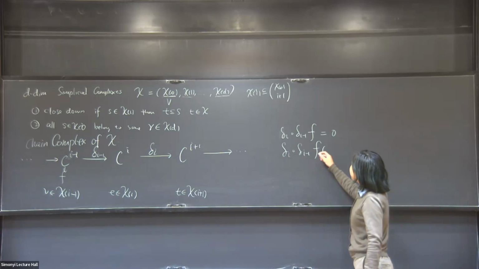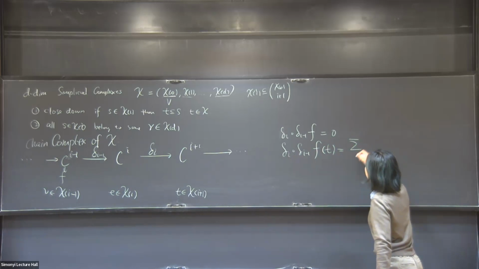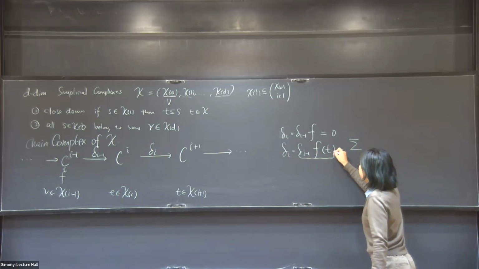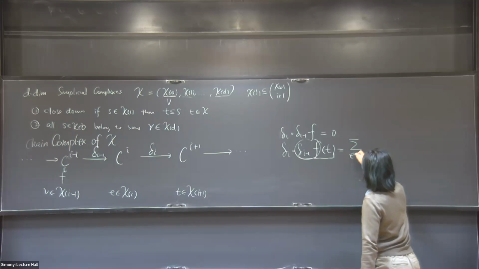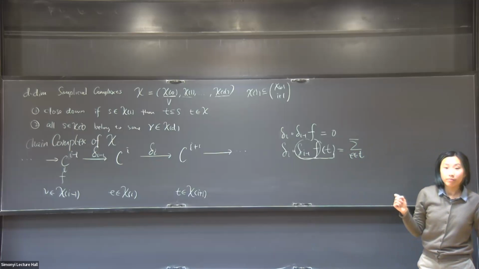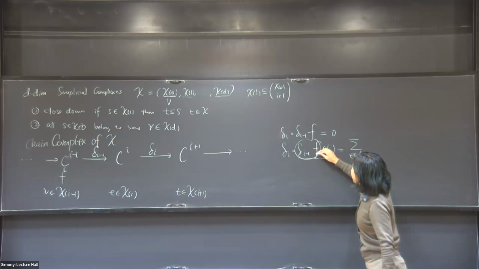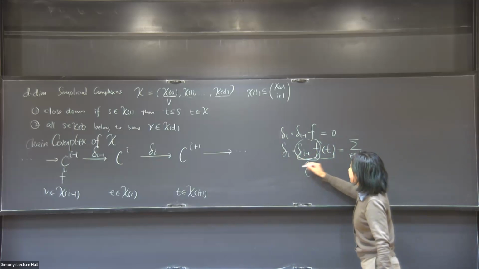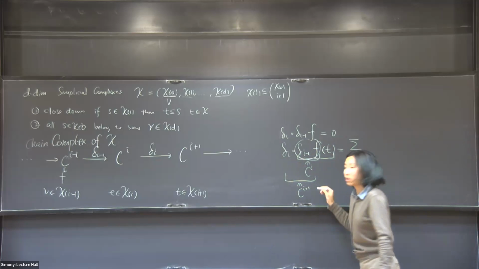So if we evaluate this function over t, that's essentially equivalent to first evaluating this function over all edges in t. Actually, because I'm applying operators from the right, the first application gives a function inside Ci, and if I apply this again, it will be a function inside Ci plus 1.